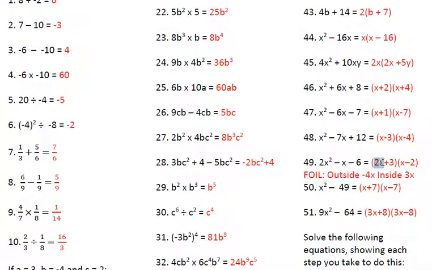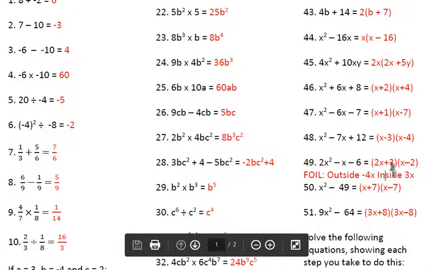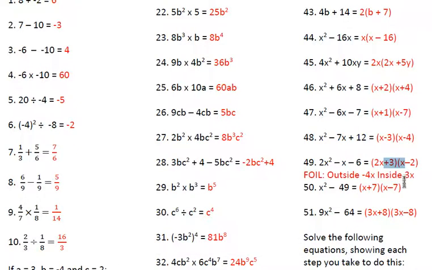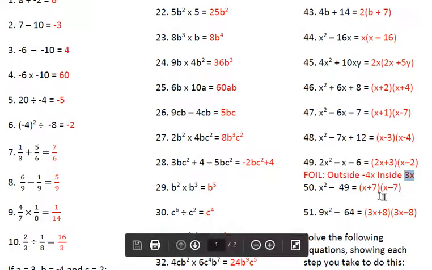You've got the 2x on the outside, and -2 is also on the very outside of the whole expression, so 2x times -2 gives you -4x. Then the inside is right in the middle, so you've got +3x. When you go -4x plus 3x, you end up with -1x, or just -x if you leave out the 1, which you should do. We don't have 1s in algebra.